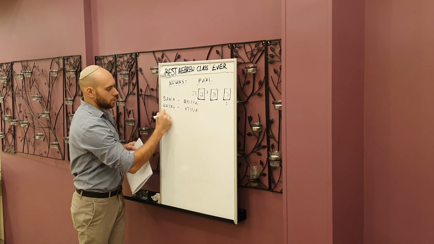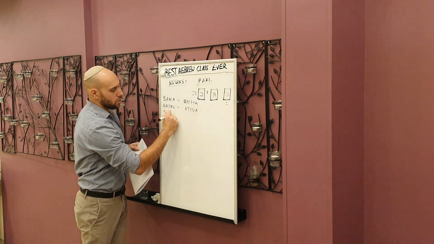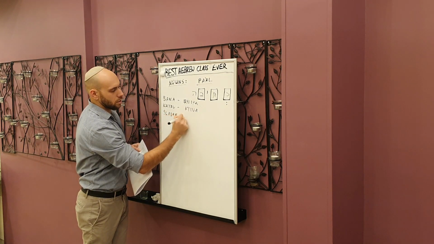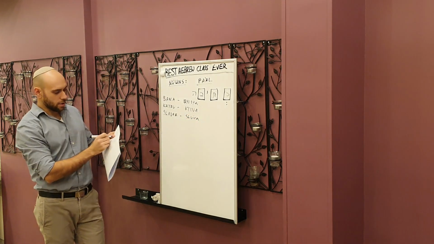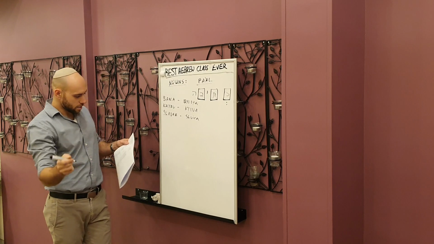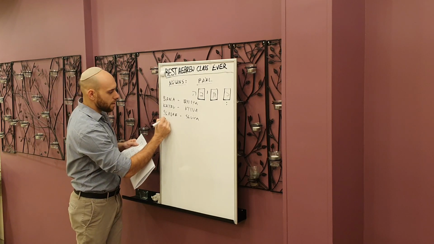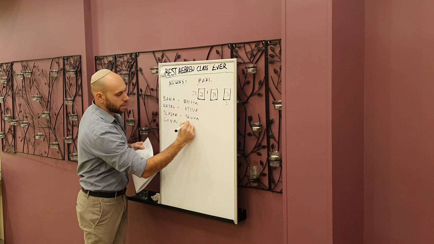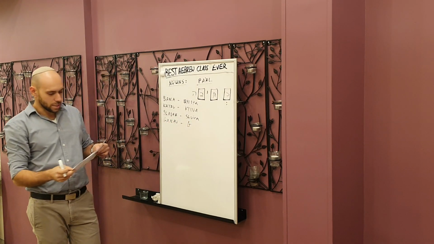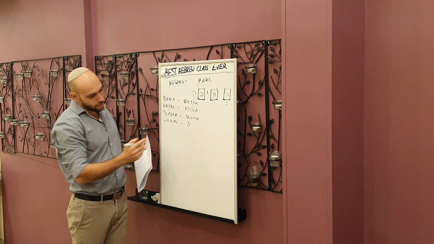You've got shavar, shvira. You got it. All right, I'm gonna say it and you say it after me. You got ganav, gneva. Now that one should be gniva, but it's gneva.